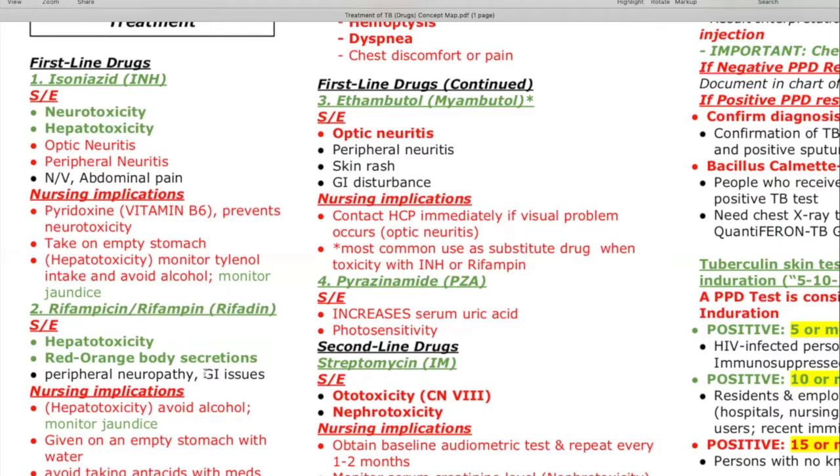Actually, I'm sorry. So 1 hour before a meal or 2 hours after a meal. For rifampin, we also have to remember for the patient to avoid taking antacids with the medication. And since it's hepatotoxic, we also have to monitor for jaundice.